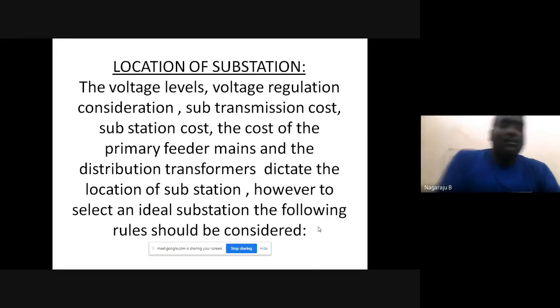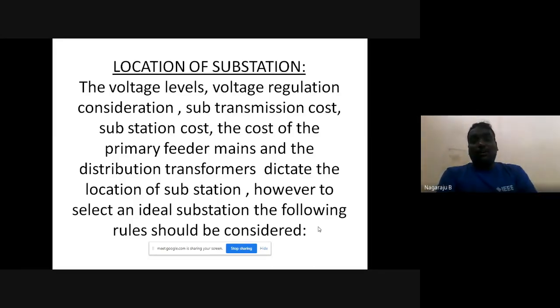Next level: already I told you about the substation location, how we select it. The selection of the site, the location, is nothing but the site. The site for the substation is of prime importance in the planning of the distribution system.